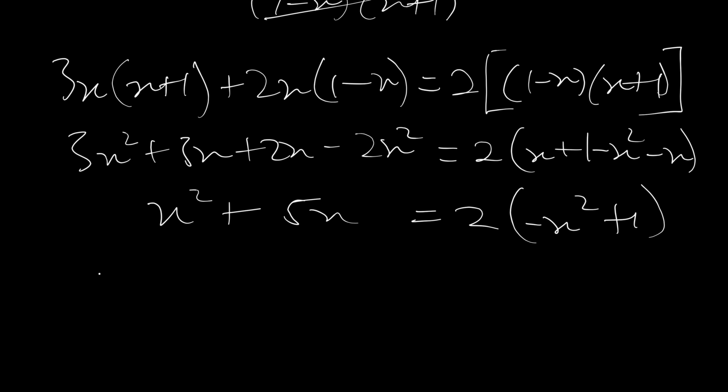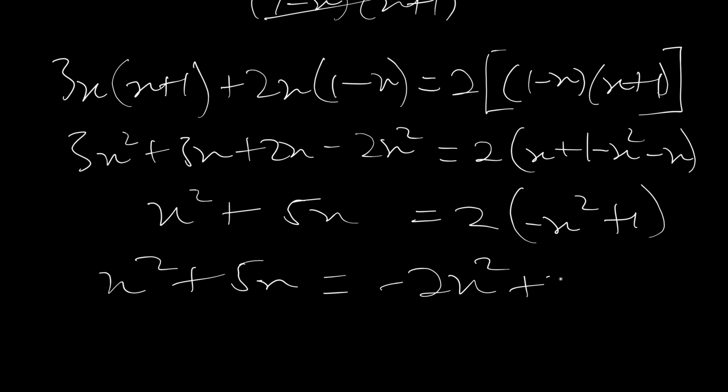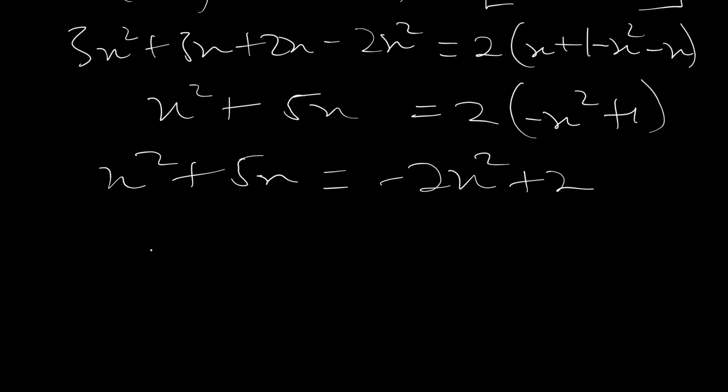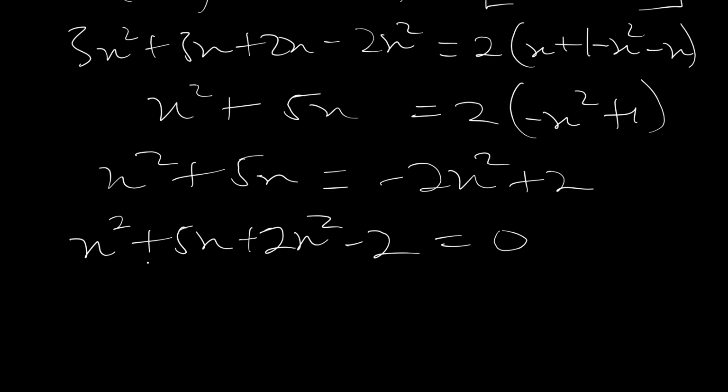When we expand, we have x squared plus 5x is equal to negative 2x squared plus 2. So we move everything to the left-hand side. We have x squared plus 5x plus 2x squared minus 2 is equal to 0. Now when we simplify, we have 3x squared plus 5x minus 2 is equal to 0.